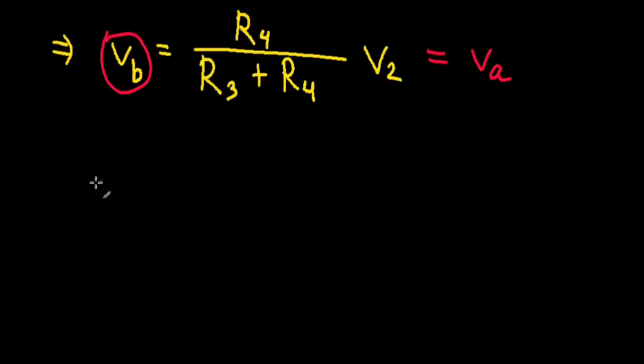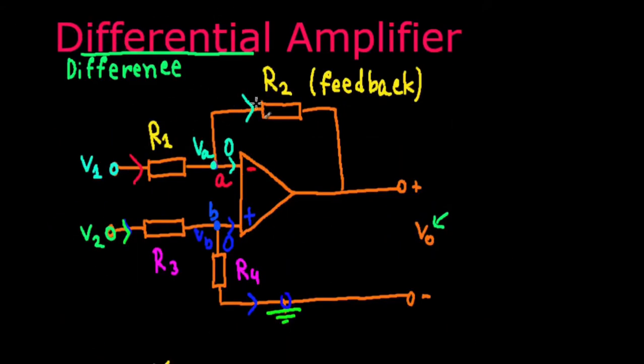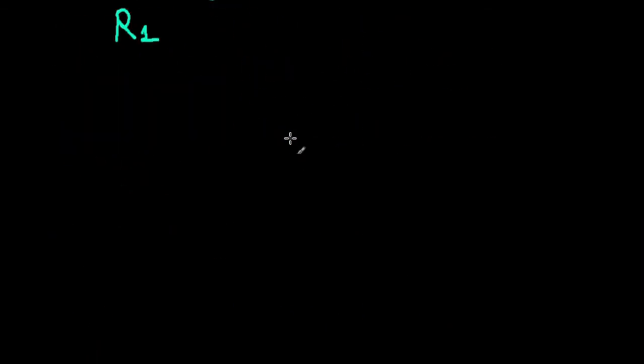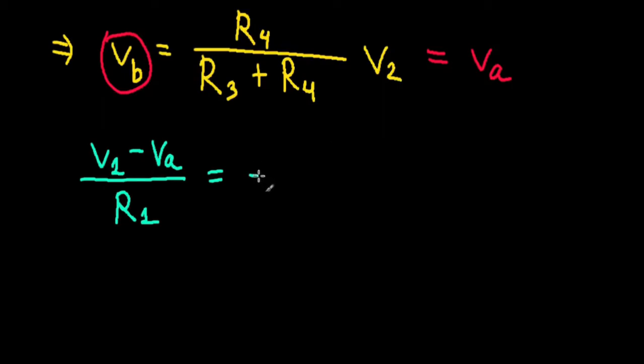This is going to equal the current that's exiting, which is V sub A minus, and the voltage of this node right here is V output, so V sub A minus V output divided by R2.